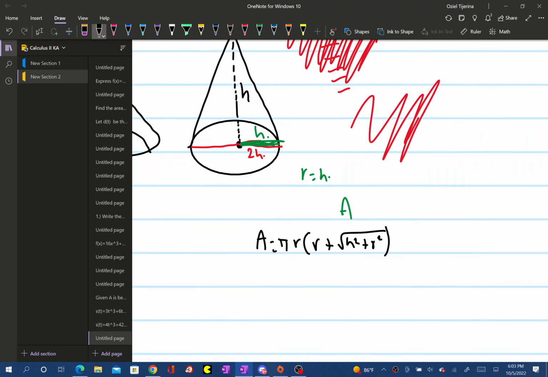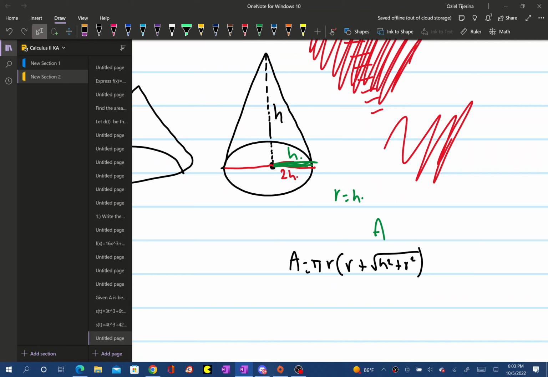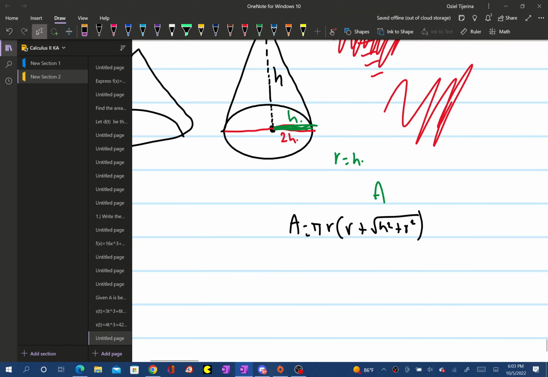Now, we know that r equals h, so we don't need the diameter. We don't need 2h, we just need h. So, area is pi times h plus the square root of 2h squared.